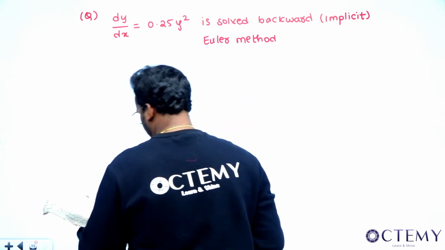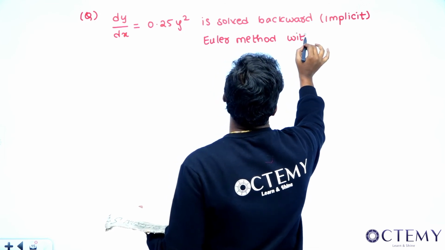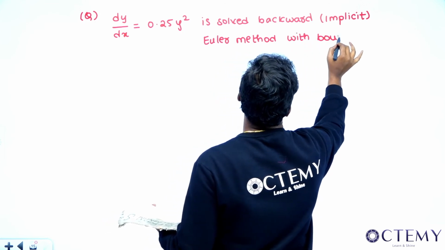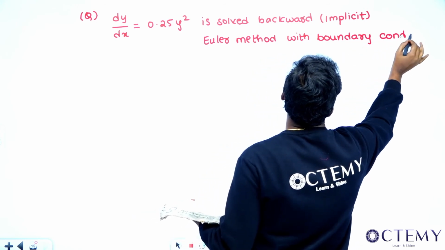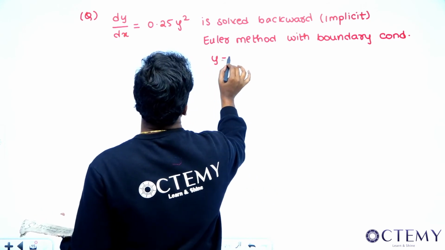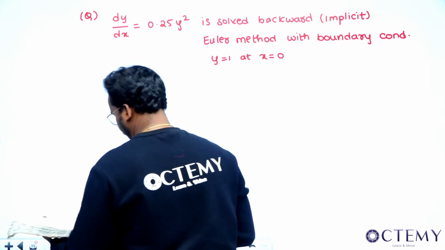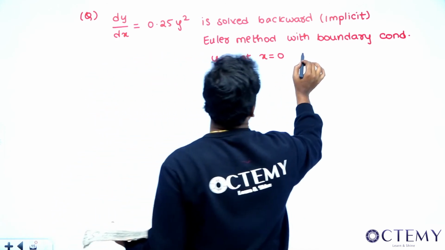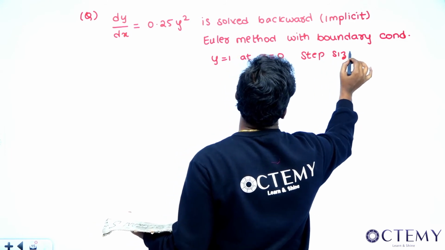With initial condition, with boundary condition is telling, sir, of y is equal to 1 and x is equal to 0. Alright. Step size of 1. What is the step size, sir? Step size is equal to 1.